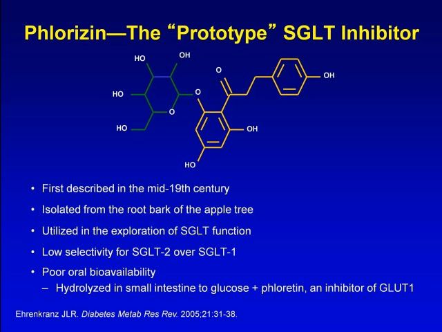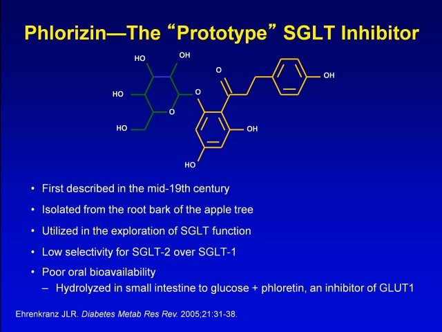Coming to the SGLT inhibitor history, there is a molecule called Phlorizin, which was the prototype for SGLT inhibition. It was first described in the mid-19th century and was isolated from the root bark of the apple tree. For the last couple of decades, it has been used in the exploration of SGLT function and its effects. It has some problems, though.